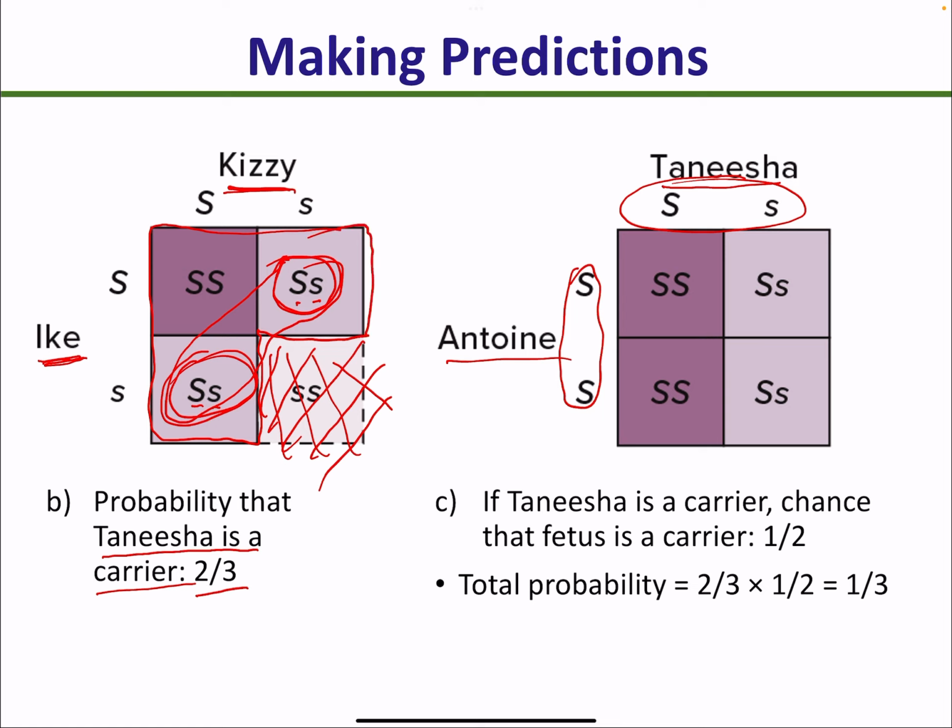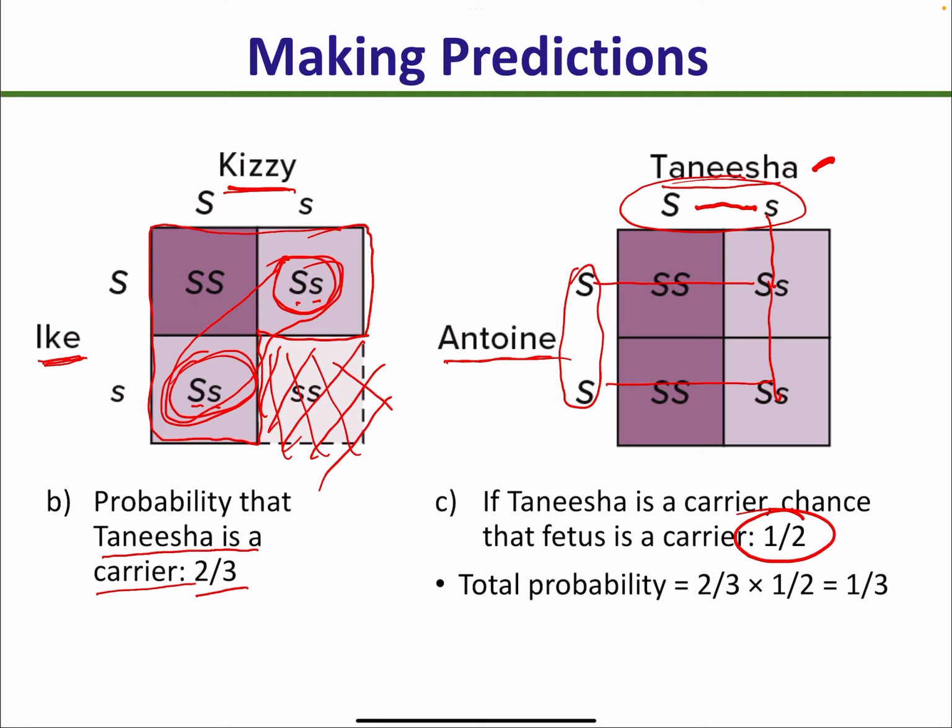And now that we know that, let's take a look at the probability for Tanisha and Antoine to have a child who is a carrier. So, assuming that she's a carrier here, the chance for the child to be a carrier is half. So 50%, right?